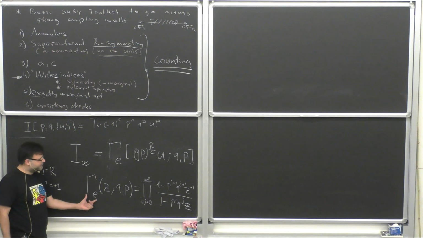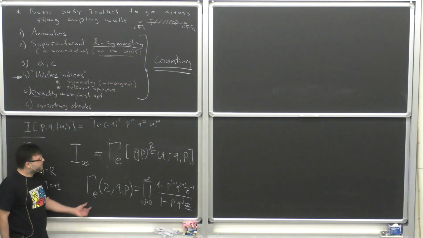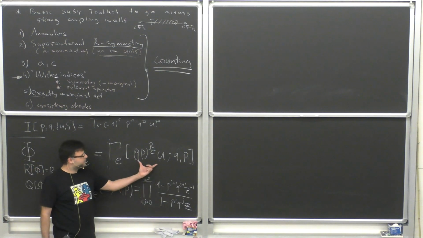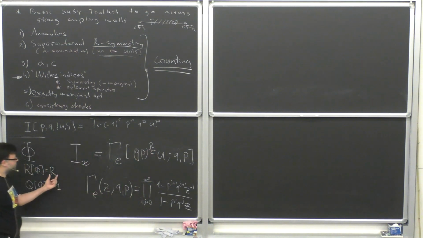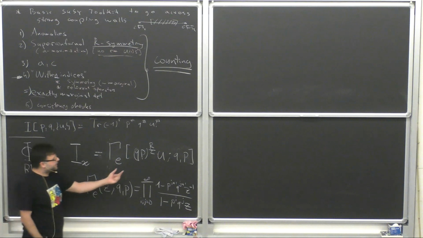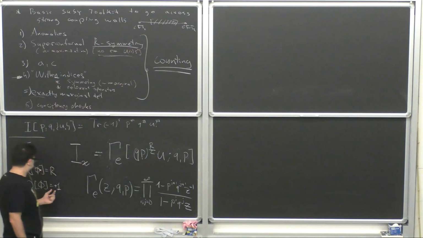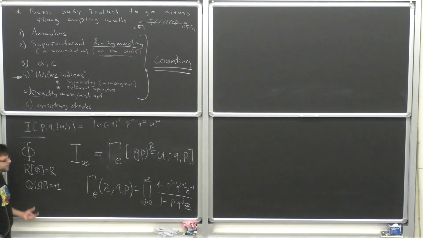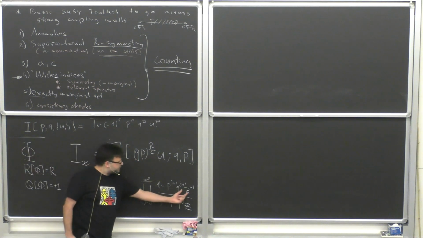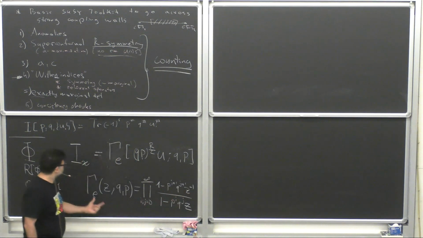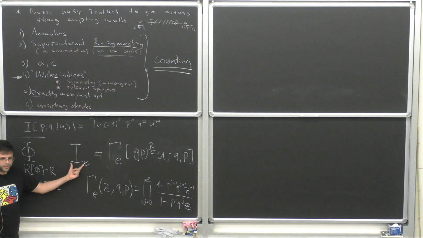So you just take this monster, plug instead of z this guy, qp to the power r over 2, where r is the choice of R charge you have. And then you have u, the fugacity for the U(1) symmetry. You plug this thing inside the z in this function, and you get the index of a chiral superfield.